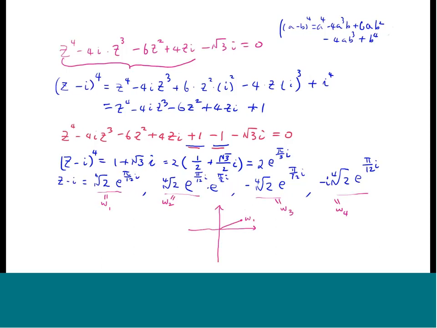Multiplying by i is like a 90 degree rotation, right? So here is W2. Multiply by i again, get W3, and then W4.